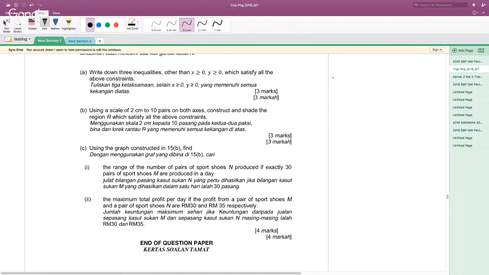Yeah, it really happens, all this calibration issue. Okay, let me just calibrate one more time.